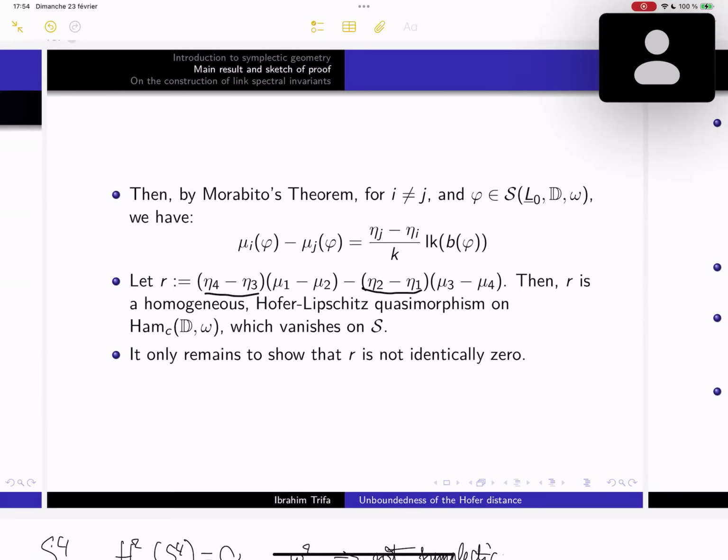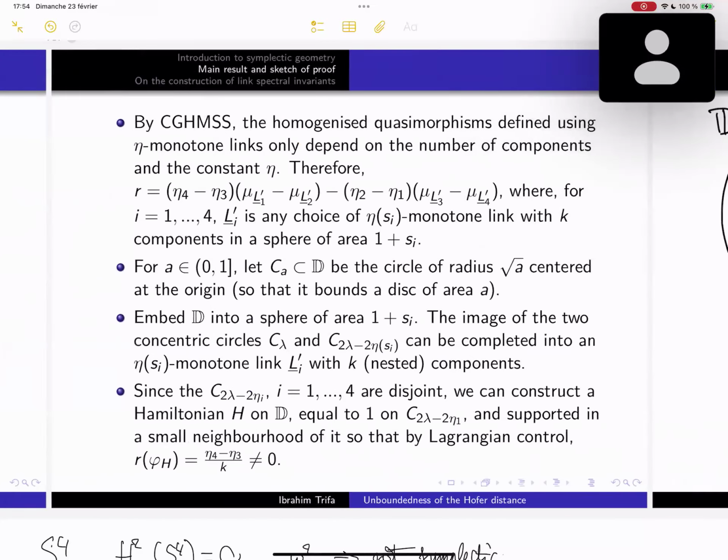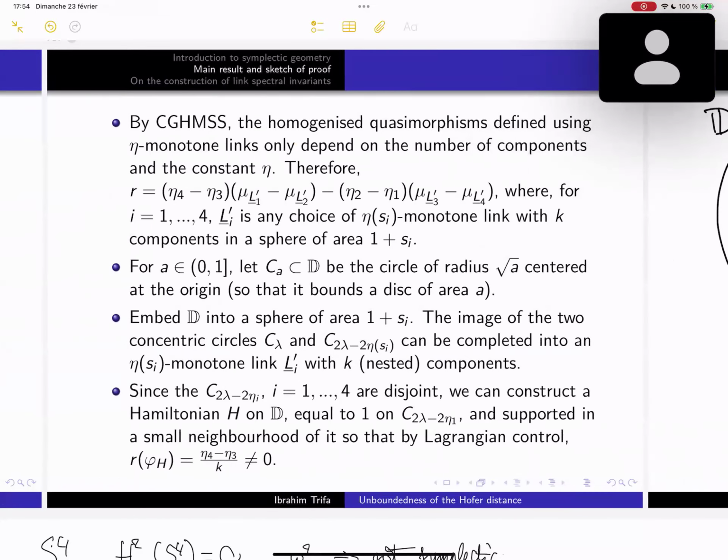So to do that, we use the following statement. By Cristofaro-Gardiner, Humilière, Mak, Seyfaddini, and Smith, they showed that when you homogenize the link spectral invariants, their value will only depend on the number of components of the link and the constant eta.